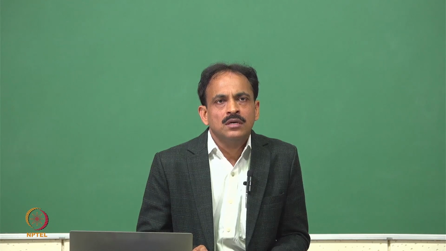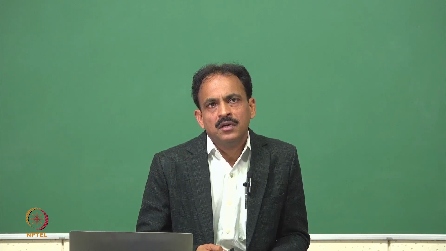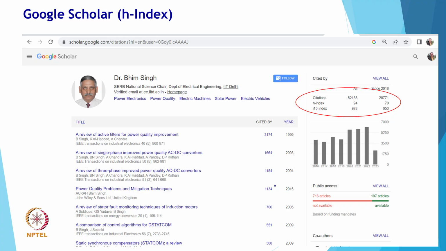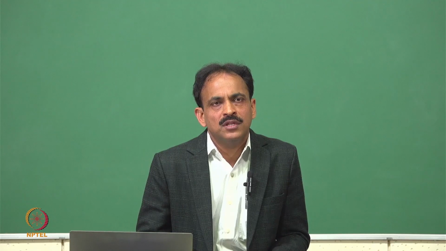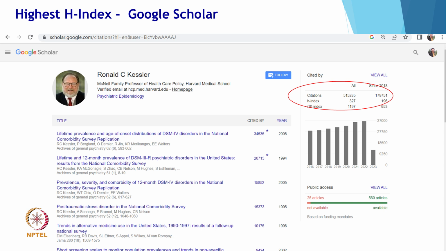Again, you can see the H-index in Google Scholar along with the i10 index and other metrics. Google Scholar will give you the H-index also for the author. As per Google Scholar, Ronald K. Kessler has the maximum H-index.